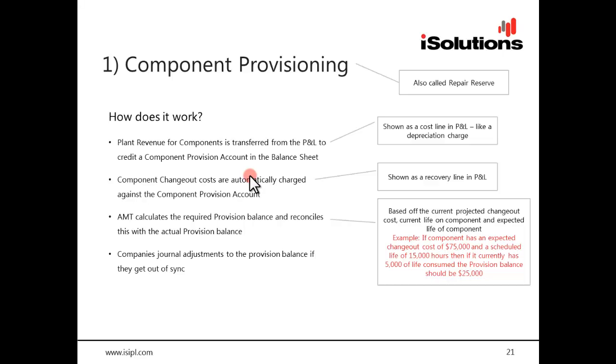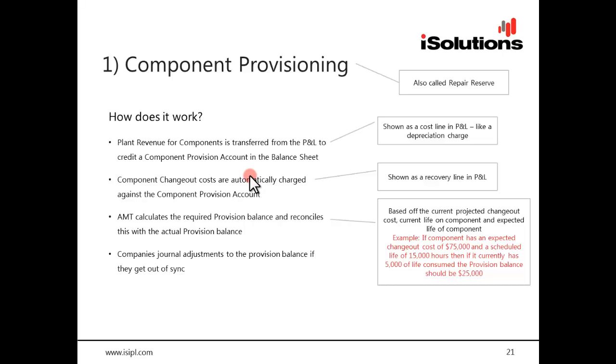Now, there is the situation then that says, well, what happens if you don't achieve the life? If you've only got 100,000 in your provision balance, but you charge 150,000 for a component, you're going to have a negative 50,000. So to account for that, because you've got lots of hundreds of components being charged and entries each month for the revenue, AMT has a report that is calculating what you should have in your provision balance.